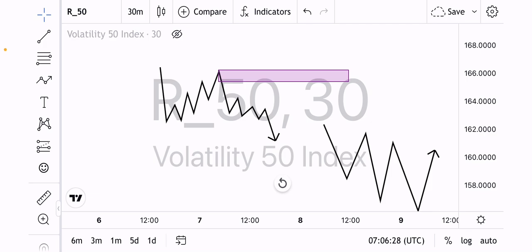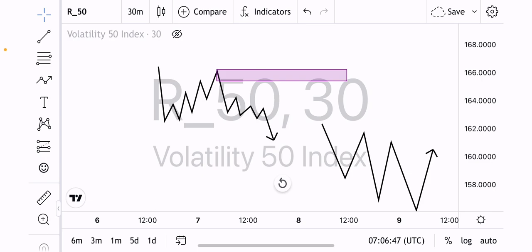And that origin zone is where we have our sponsored candle. When we talk about sponsored candle, it simply means the last buy before a sell move, or the last sell candle before a buy move.